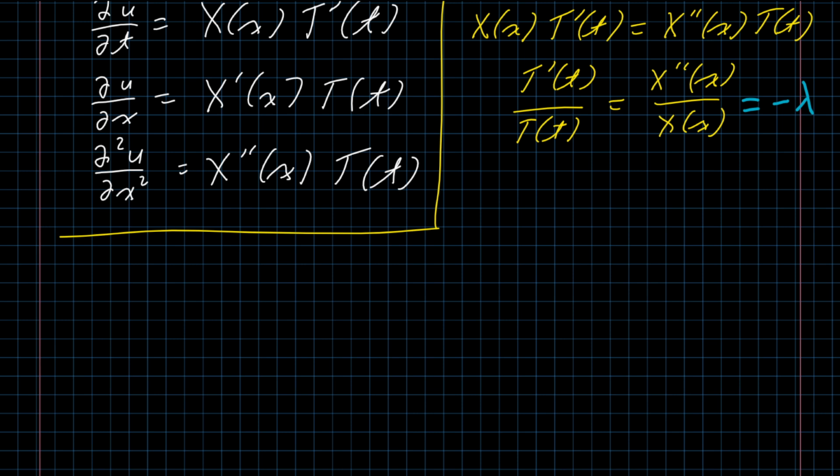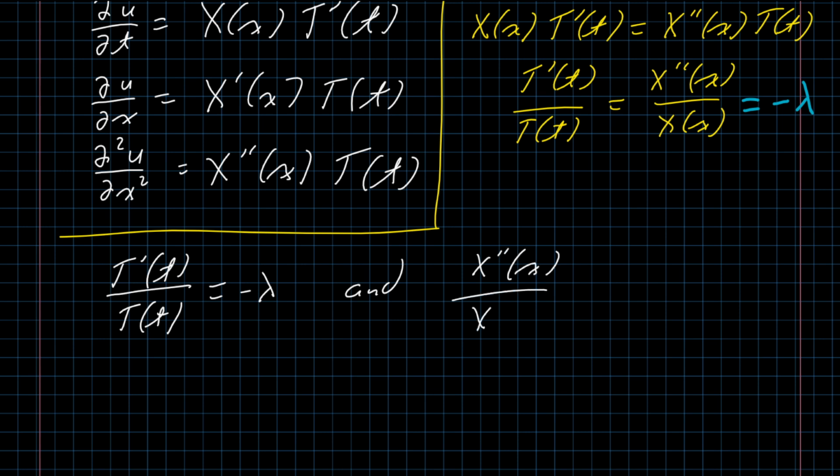And then from there we can split the equation up. This is a three-piece equation. We can write it as two separate equations. So T prime of t over T of t equals minus lambda, and X double prime of x over X of x equals minus lambda.